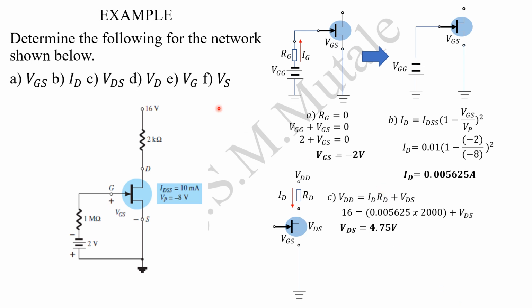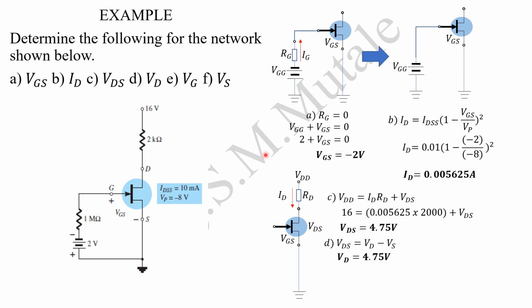Then we find VD. VDS is the difference between VD and VS. In a fixed bias configuration the source is grounded, so VS is 0. If VS is 0, then VDS and VD are the same, so VD is basically the same as VDS.